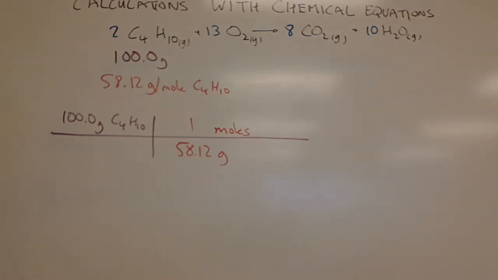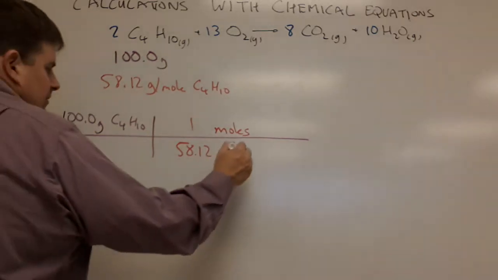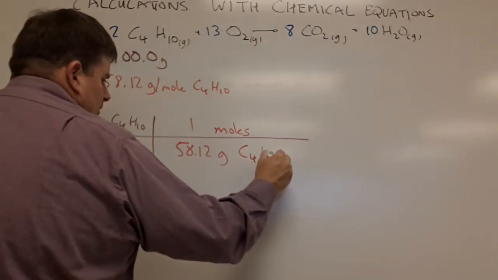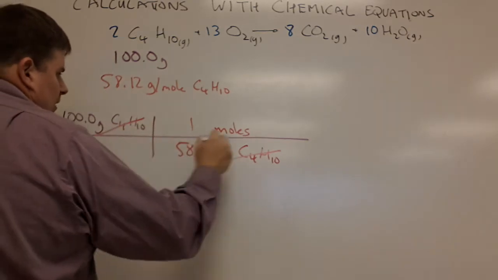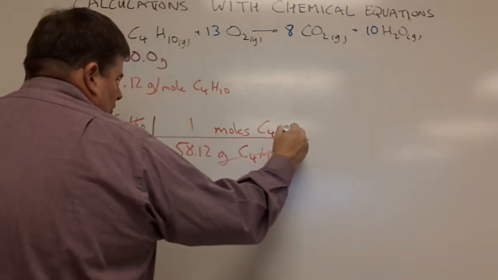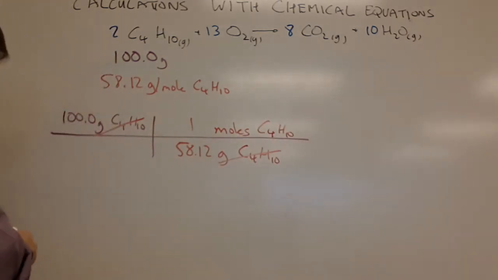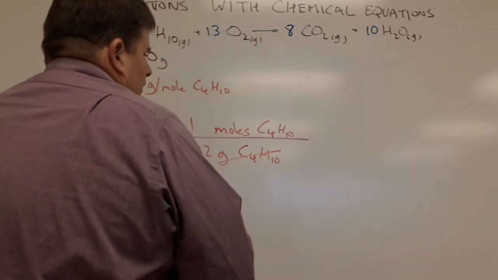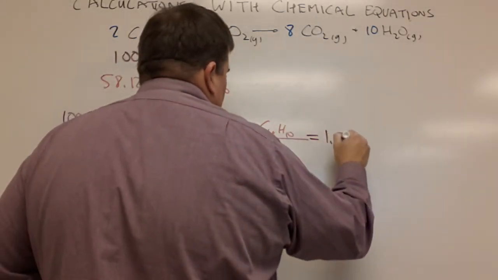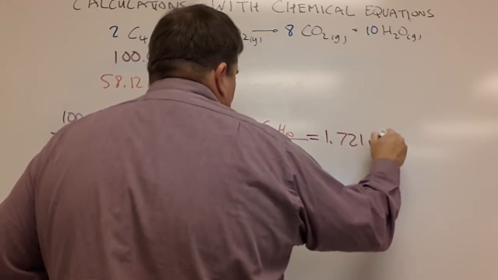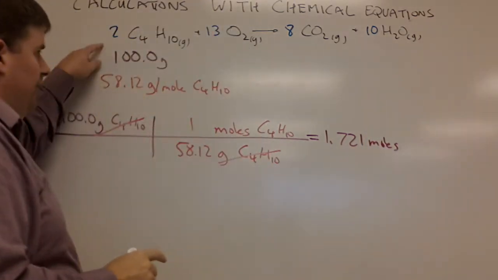So this will cancel out grams, and this will give me moles of butane that I've used. So just 100 divided by 58.12, and what I get is 1.721. So that's the number of moles of butane that I'm going to be using.